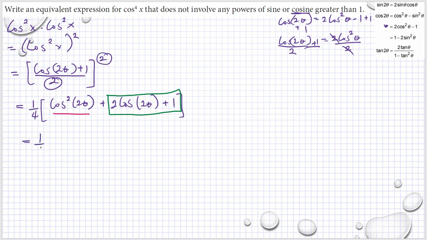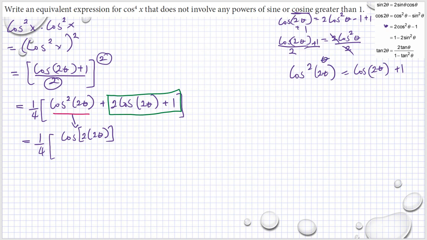We have 1/4 multiplied by cosine squared 2 theta, and this one now will become cosine 2 times 2 theta. I hope you can see that, because our theta, we have now cosine squared 2 theta is equal to cosine 2 theta plus 1, and this is our theta now.